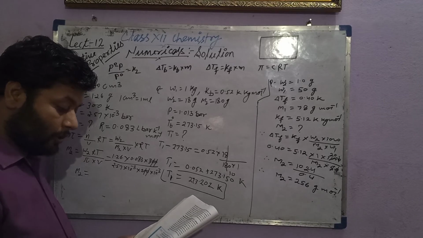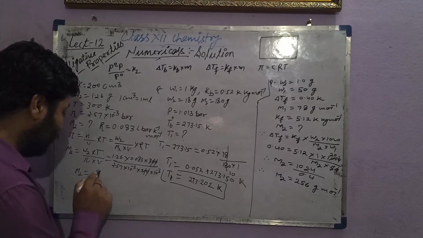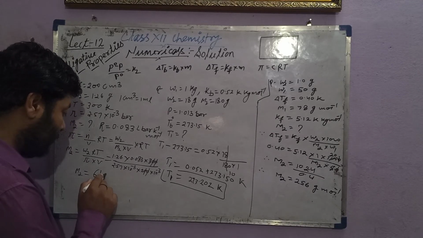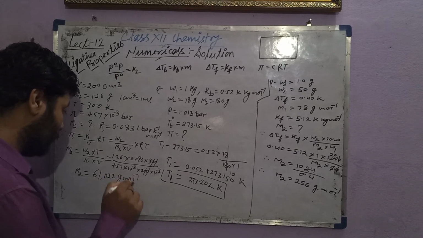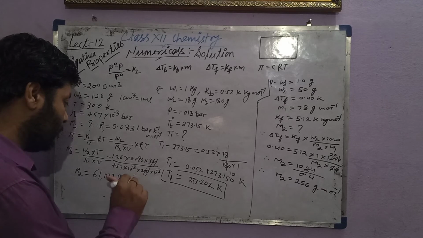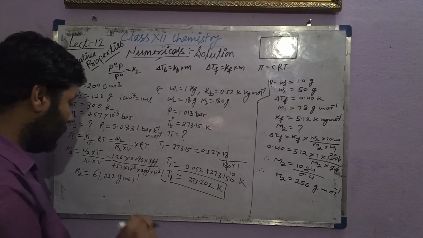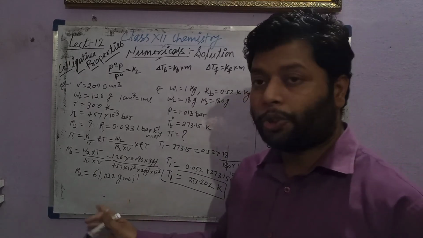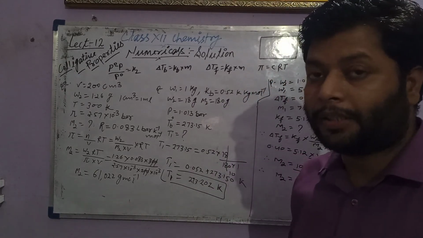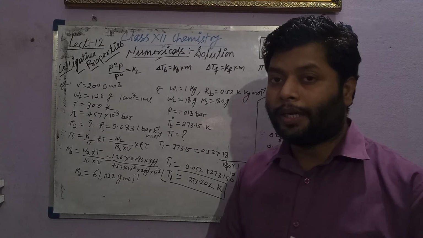The answer for the molar mass of the protein is 61,022 gram per mole.